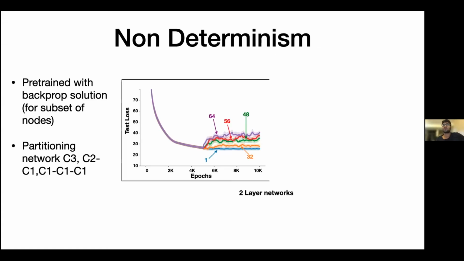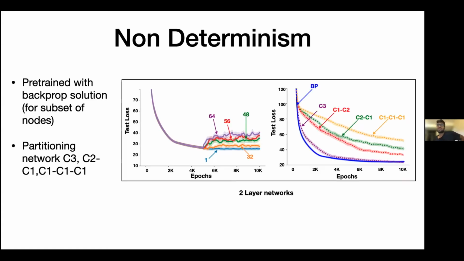So this hints that the non-determinism in the other coagents is hindering the performance, and it's making it difficult for one node to figure out how much impact its action is making.